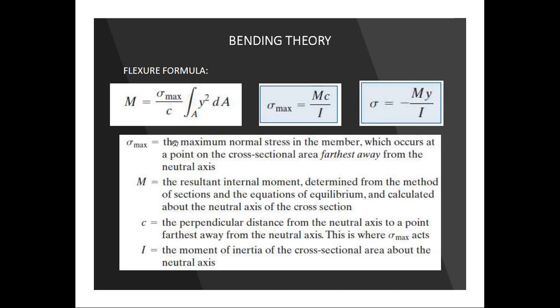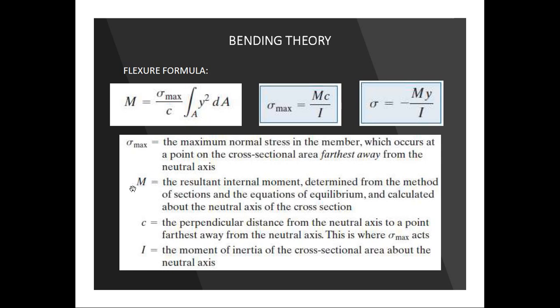Sigma max is the maximum normal stress in the member, which occurs at the point in the cross sectional area farthest away from the neutral axis, so it will be maximum at the top and maximum at the bottom. You have to calculate both, because you have to show the bending distribution in the entire cross section.